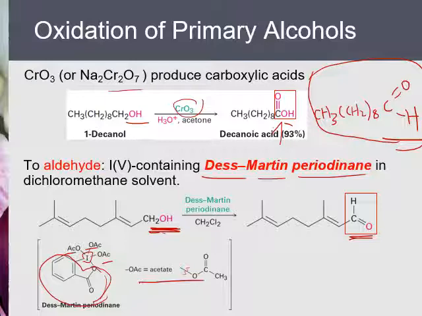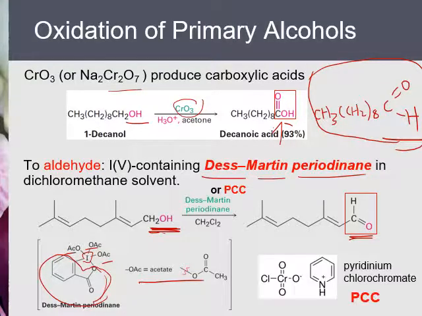An alternative reagent is called PCC, pyridinium chlorochromate. By using either of these two, PCC or Dess-Martin periodinane, a primary alcohol is converted to aldehyde, not carboxylic acid.